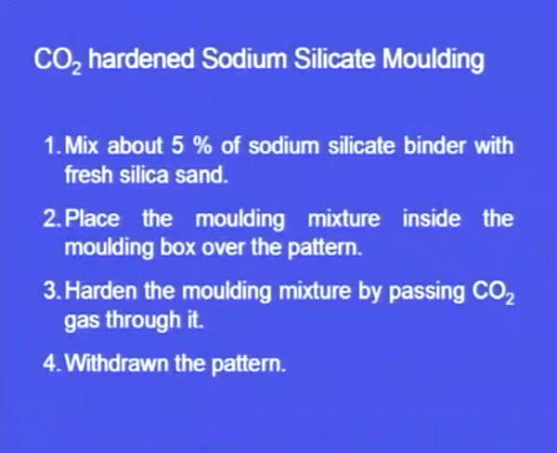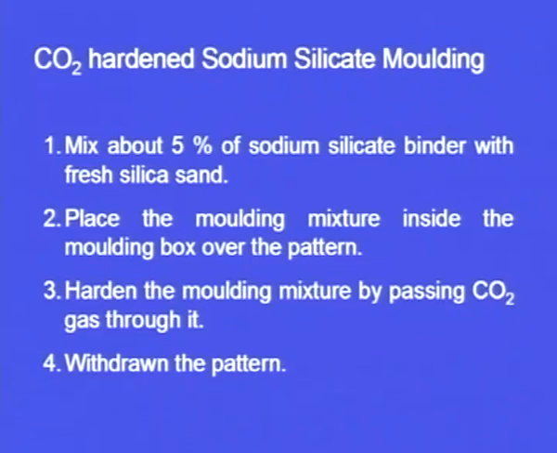Next, let us see this carbon dioxide hardened sodium silicate moulding process, in which we add 5% of the sodium silicate binder with the fresh silica sand, and this mixture of fresh silica sand and sodium silicate binder will be placed over the pattern inside the moulding box.